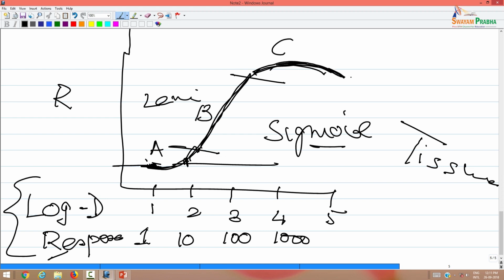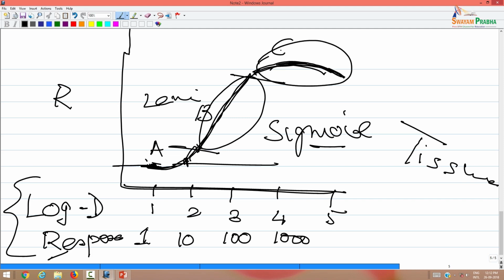So, the sigmoid graph is advantageous because it can accommodate large variation in the dose. It can give an indication of the sensitivity of the system or the tissue, and it can give you a linear phase and a non-linear phase.